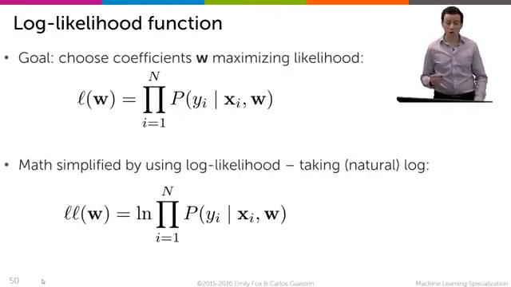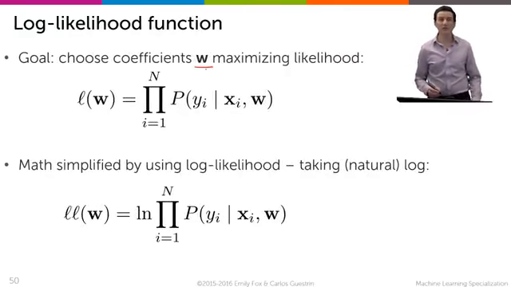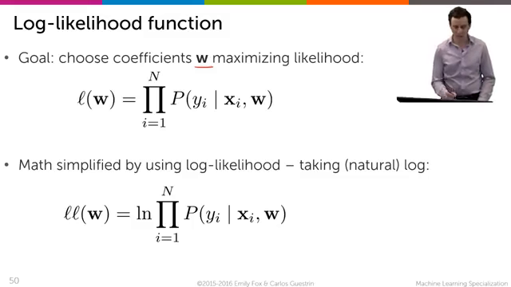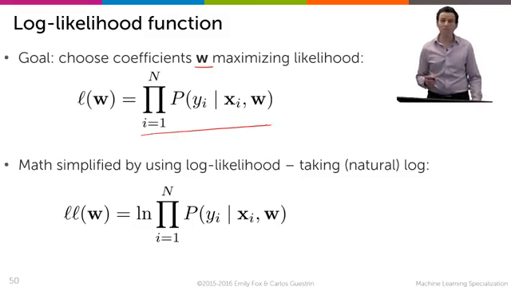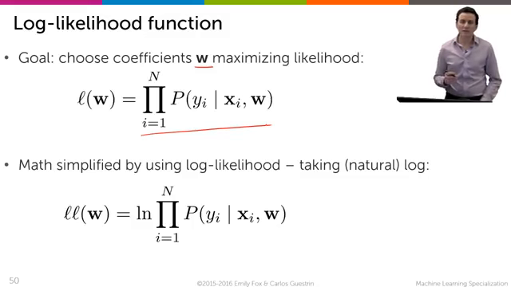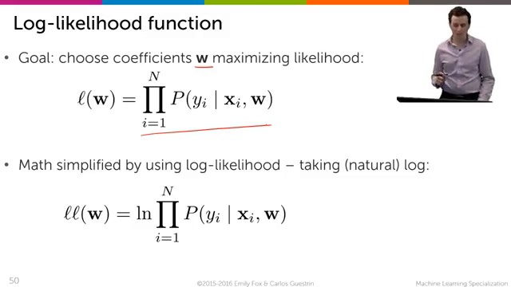As we said, our goal is to pick the coefficients w that maximize the likelihood function. And that is the product over our data points of the probability of yi given xi and w. Now, it turns out that all the math that we need to do becomes quite a lot simpler if you take the log of that likelihood function.